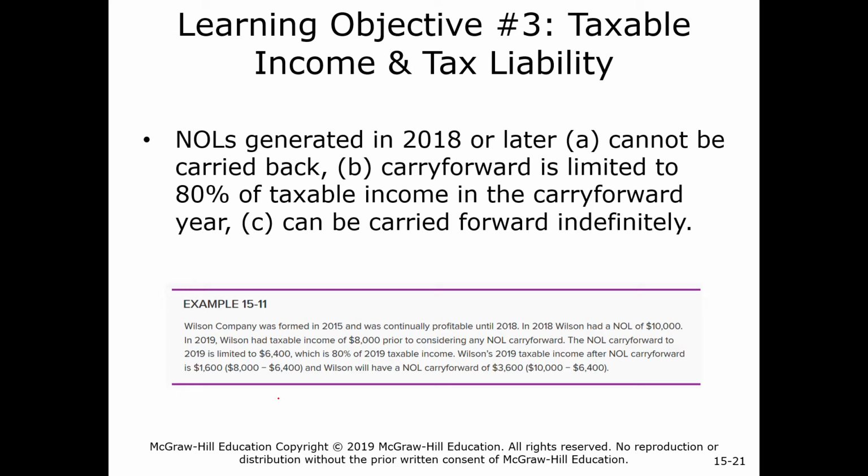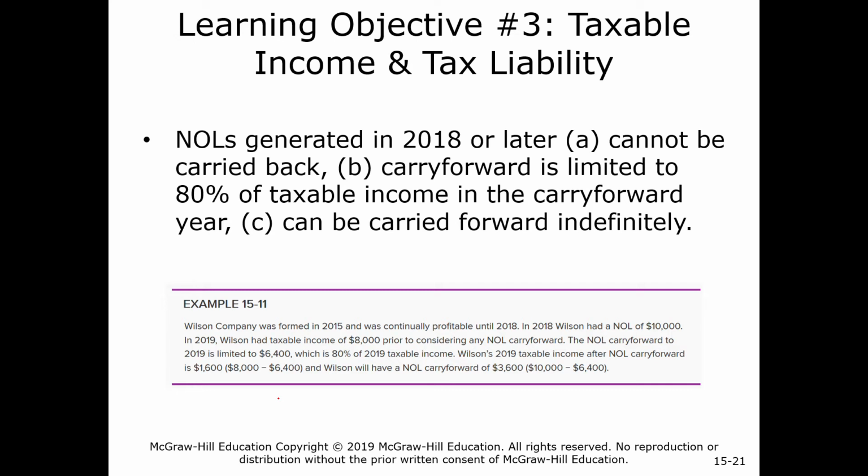So Wilson Company was formed in 2015, and in 2018 they happened to have a net operating loss of $10,000. They cannot carry back, they have to carry forward. In 2019 they have $8,000 of taxable income, so they can use up to 80% of taxable income to offset with their NOL.